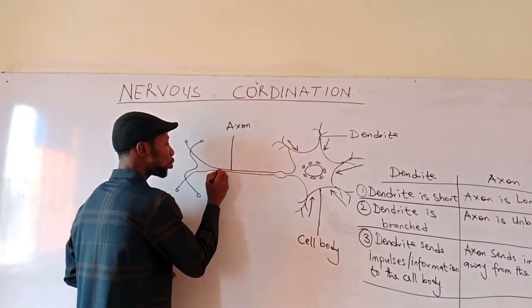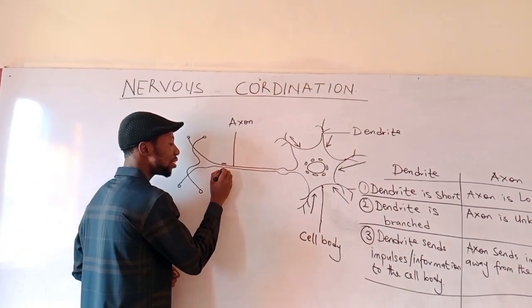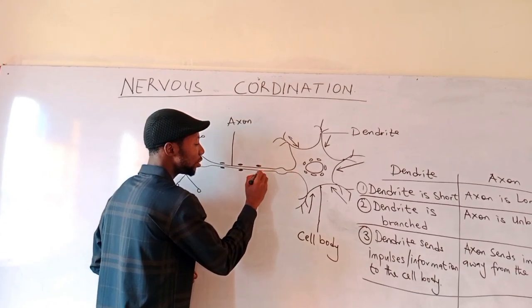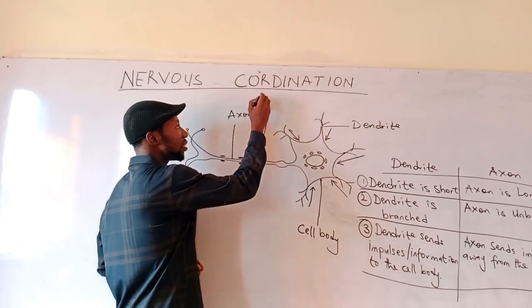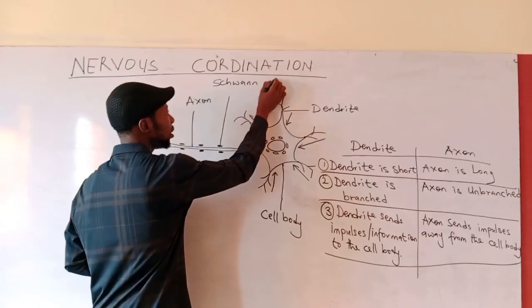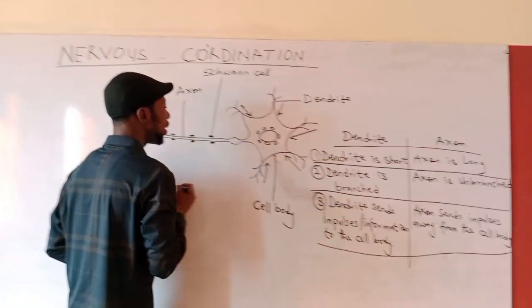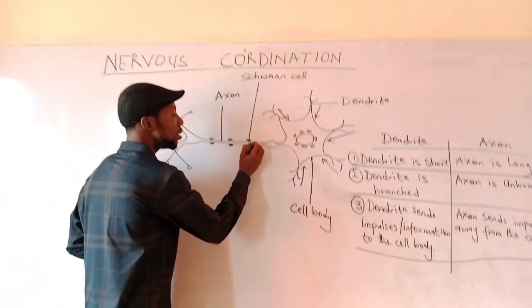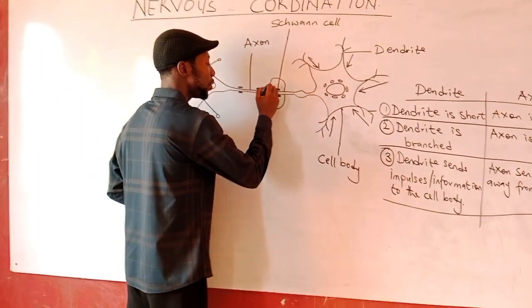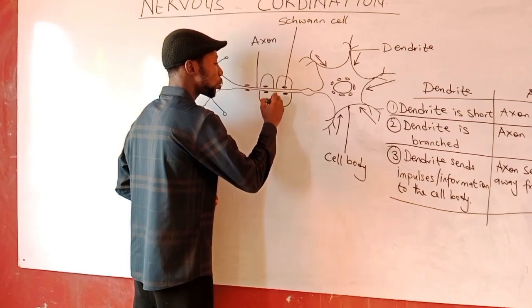Okay? Other structures we have here, we have the separate cells on the axon. These cells are known as the Schwann cell. This Schwann cell produces another structure in the neuron.